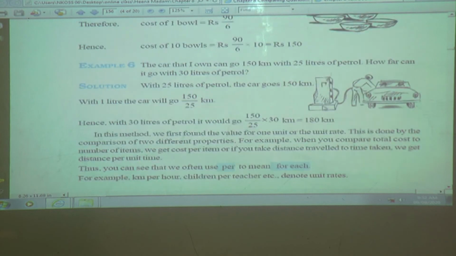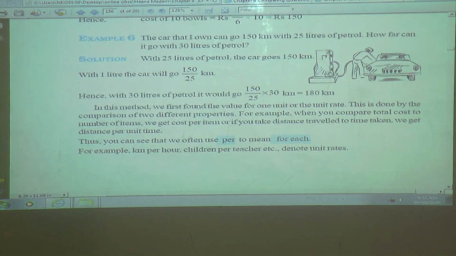Now you can see by this example, it is like a petrol pump. Here is a petrol pump. One of the men is filling petrol in his car. The car that I own can go 150 kilometers with 25 liters of petrol.